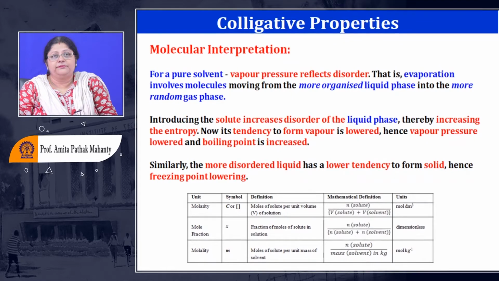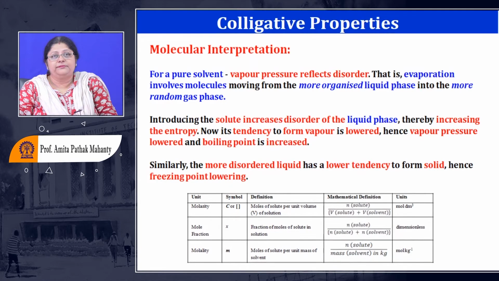Now if we compare the evaporation process, the liquid is going, compared to the pure solvent phase, from a more disordered phase to a further disordered phase, but the change is not as large as for the pure solvent.